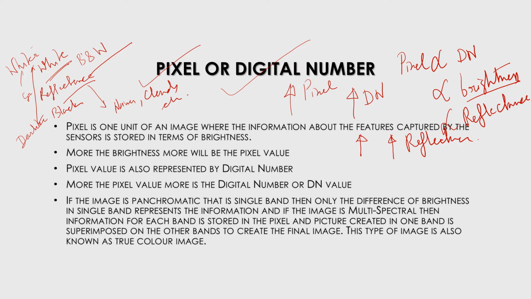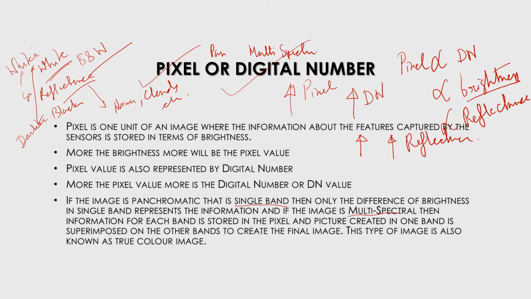Correct. So this is for black and white, that is panchromatic imagery, which is a single band image only, which stores the different values of this black color. But when it is multispectral, let us say this is your panchromatic and this is your multispectral.